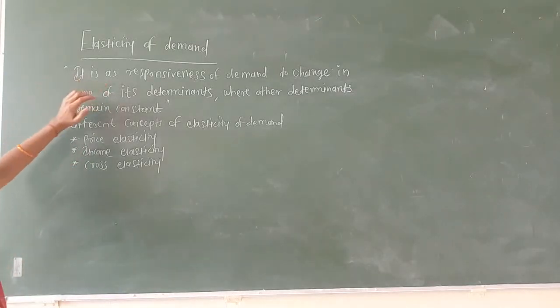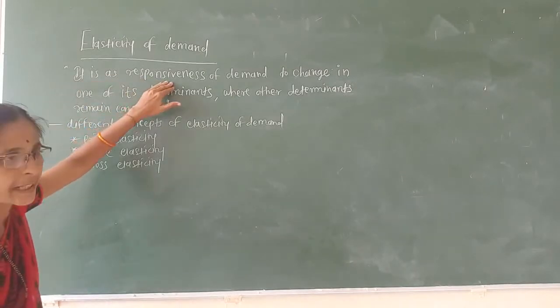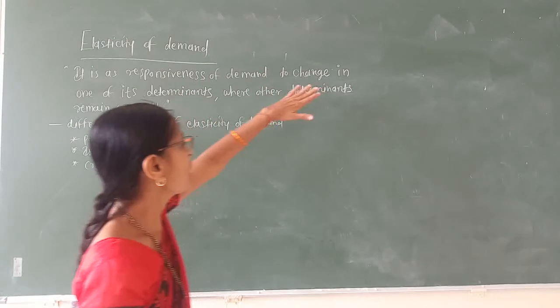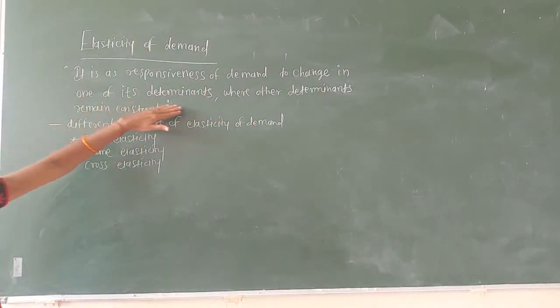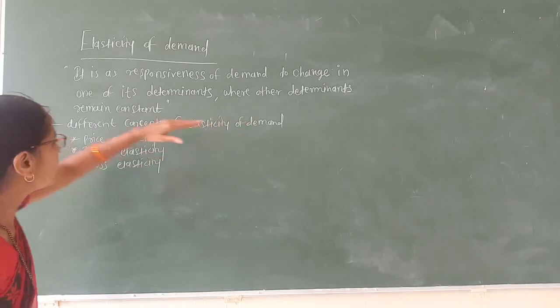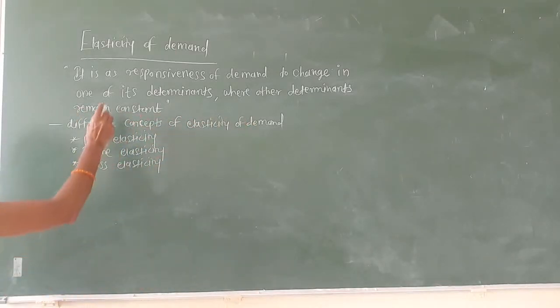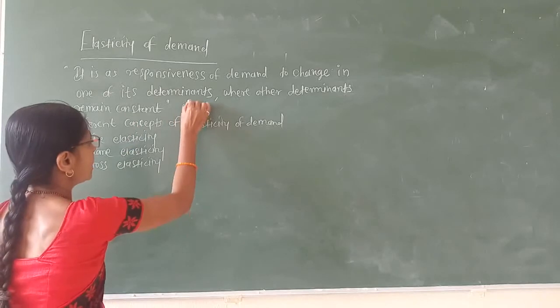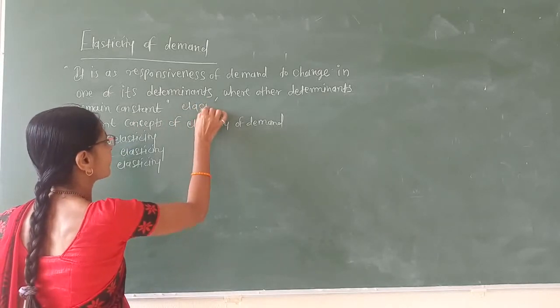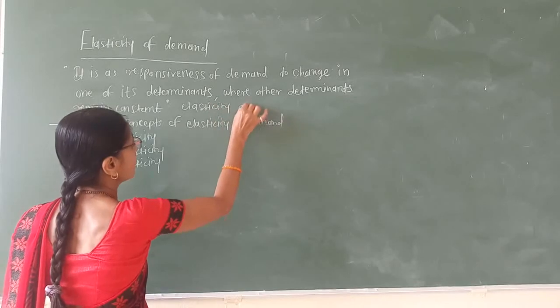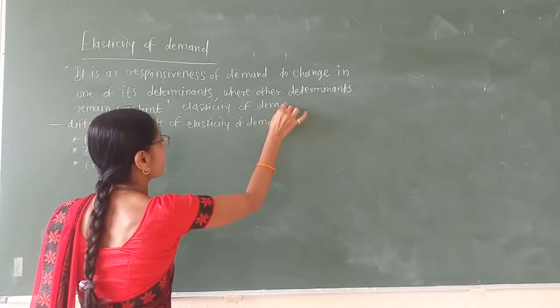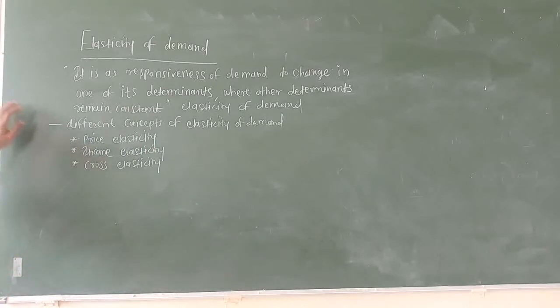The elasticity of demand is the responsiveness of demand to a change in one of its determinants, where other determinants remain constant. Responsiveness means the response of the demand to a change in one of its determinants.